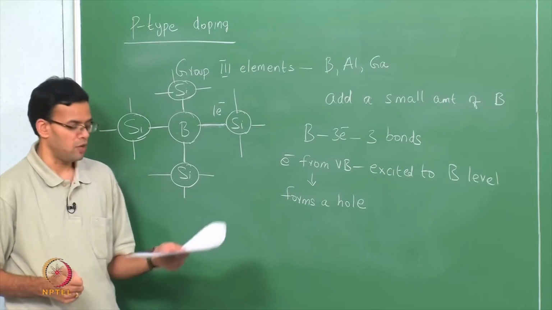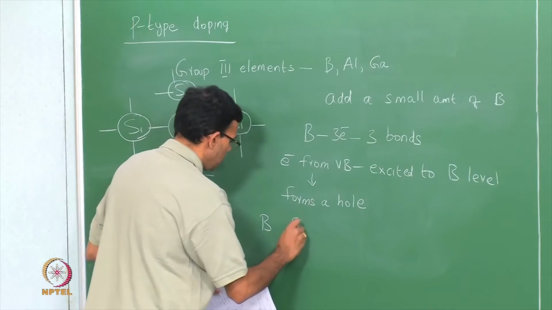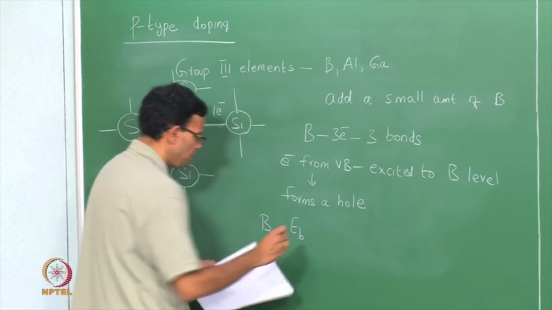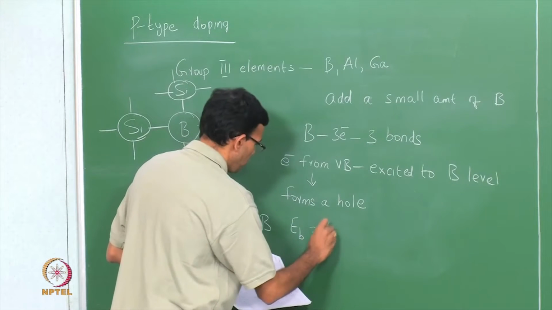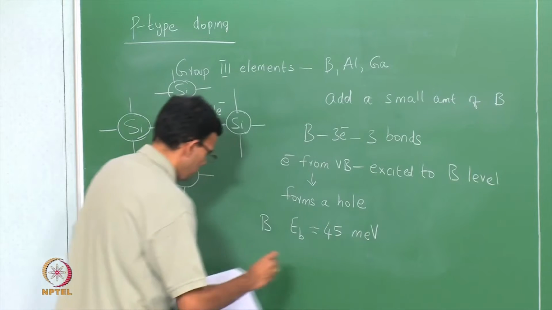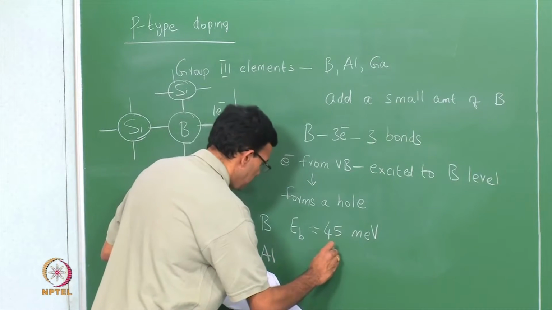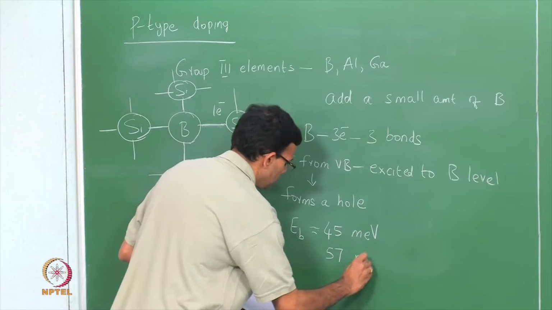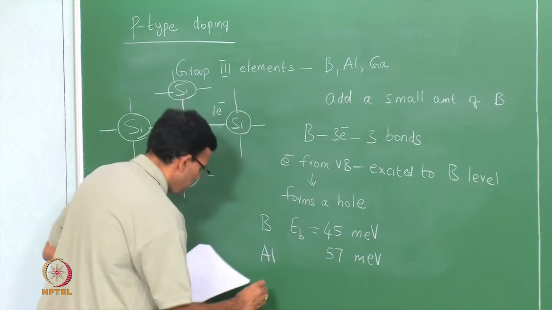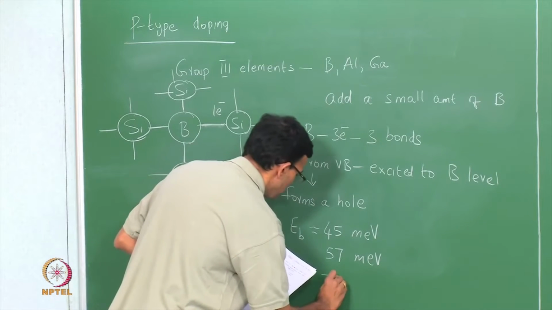If we do the actual calculation, in the case of boron, the ionization energy EB is around 45 milli electron volts. If you have aluminum, it is around 57. If you have gallium, it is around 72.